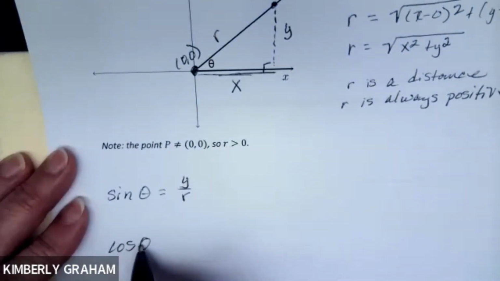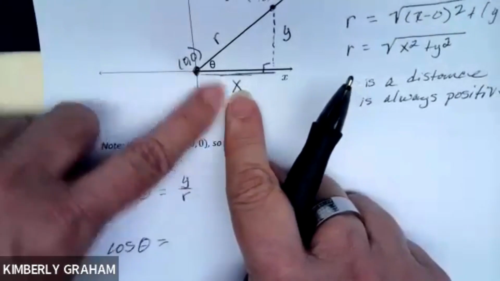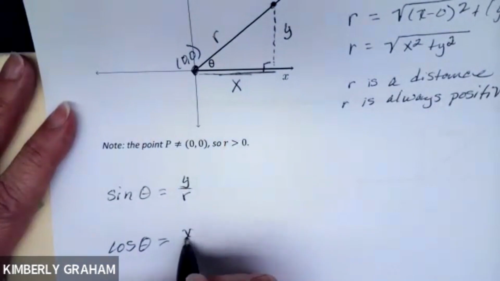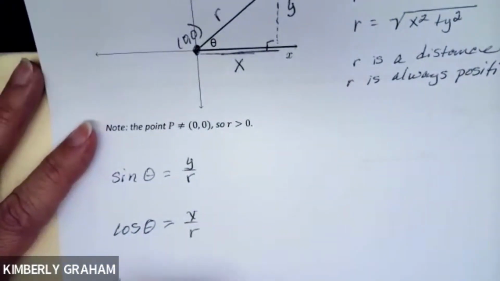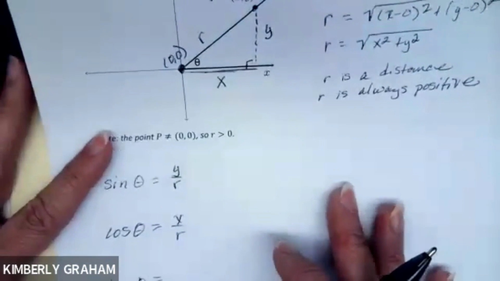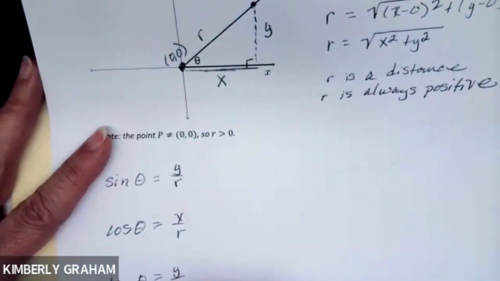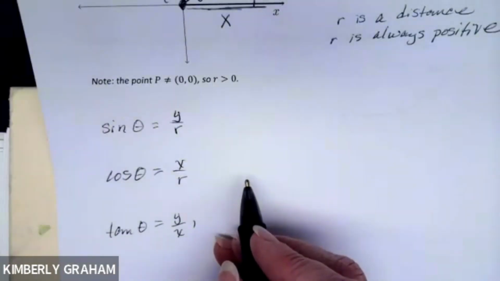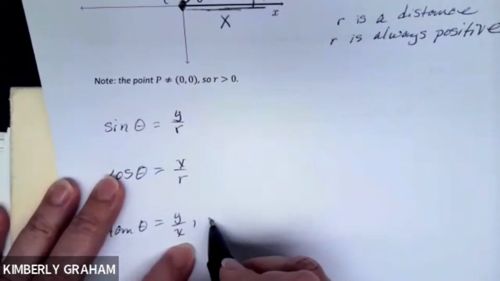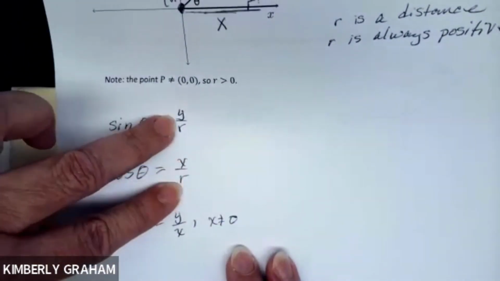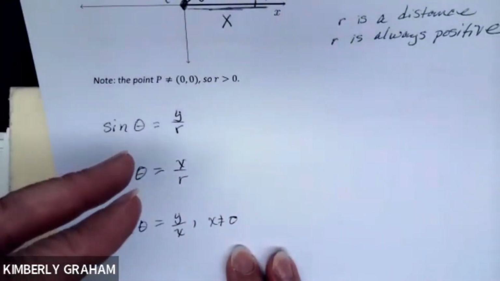Cosine of theta is normally adjacent over hypotenuse, so in this case, it's going to be x over r. Tangent of theta is normally opposite over adjacent, so y over x. But remember that you can't divide by 0, so x cannot be 0. I don't have to have that caveat up here because I know that r is not 0.